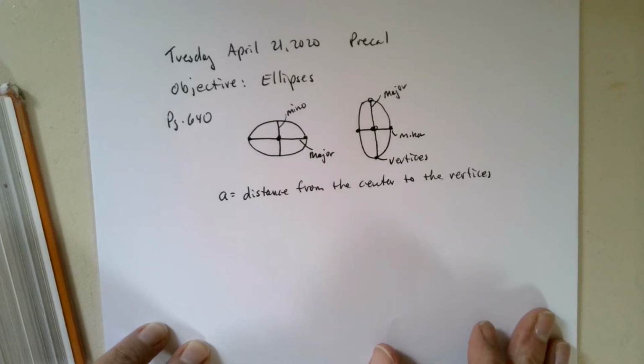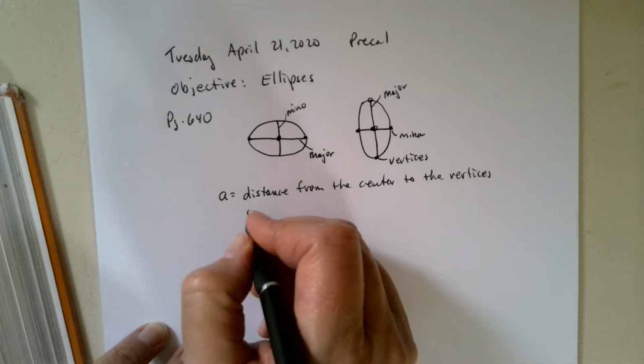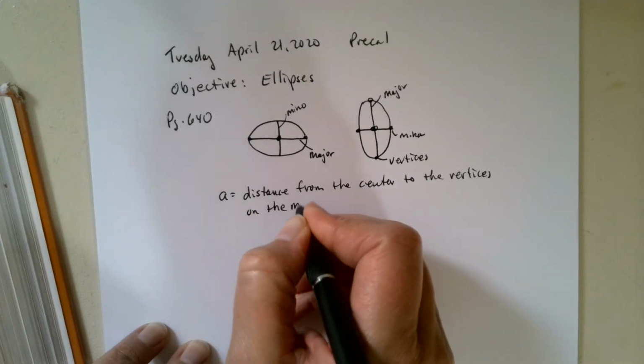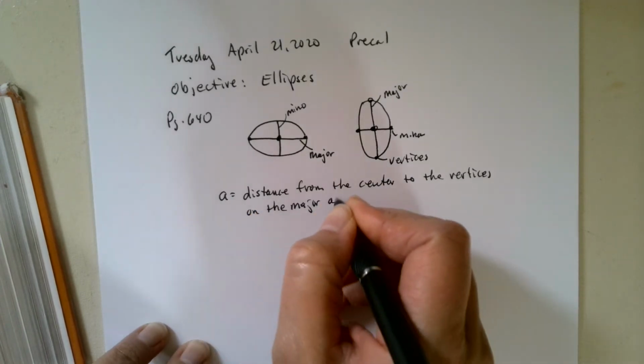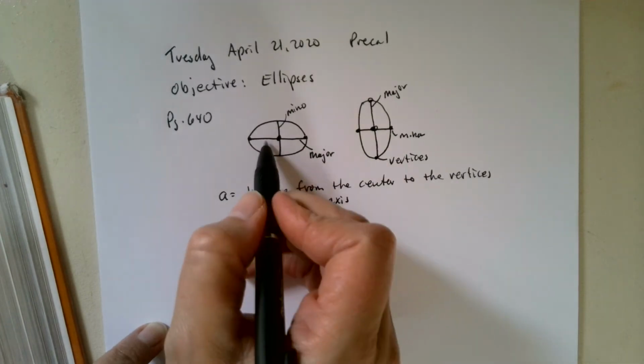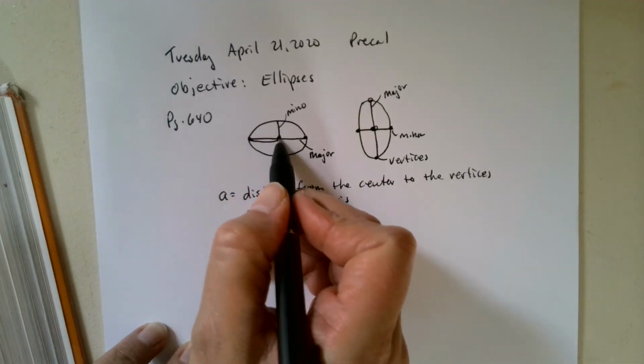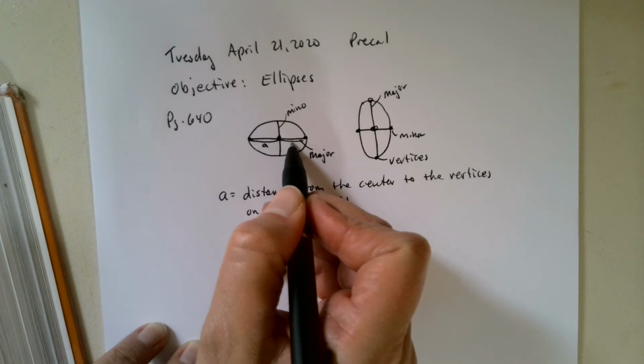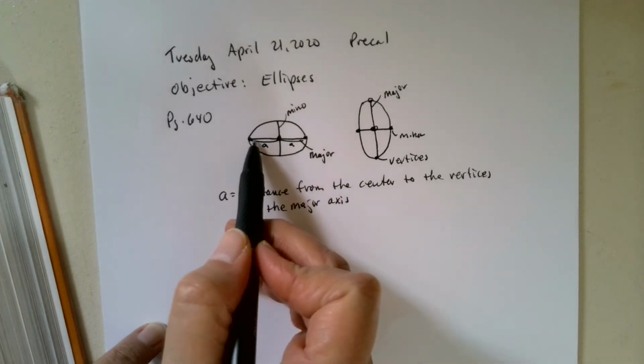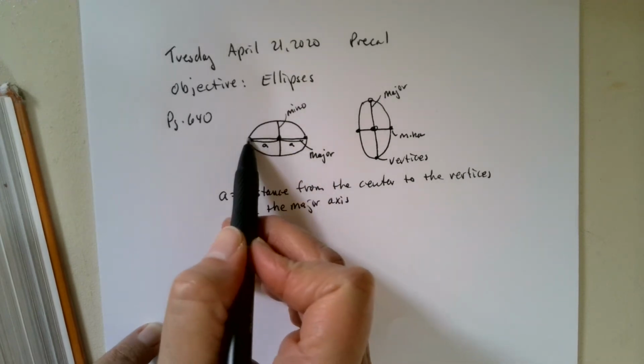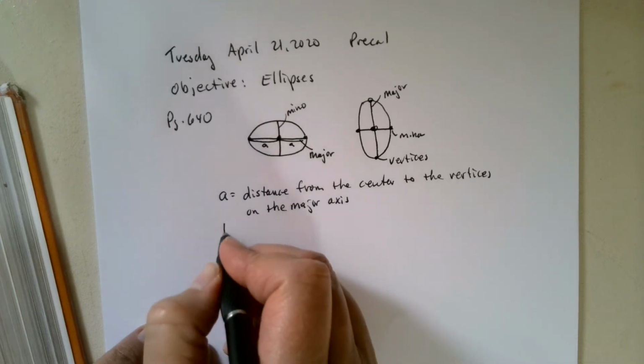The distance from the center to the vertices on the major axis will be a. So if this is my major axis here, this distance would be a, and this distance would be a. It's from the center to the edge of the ellipse in the longer direction.